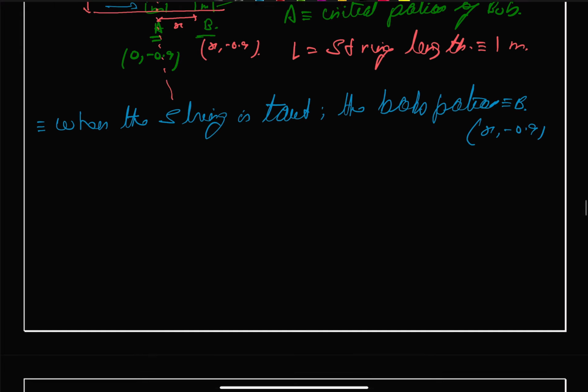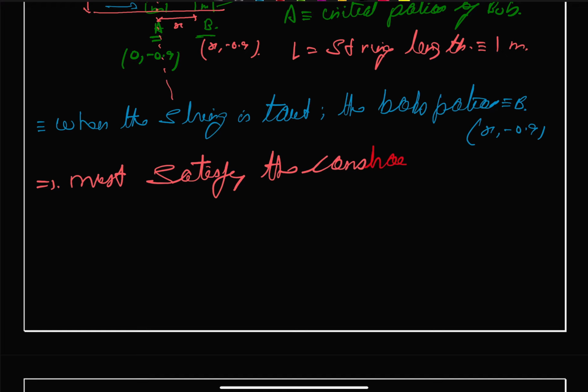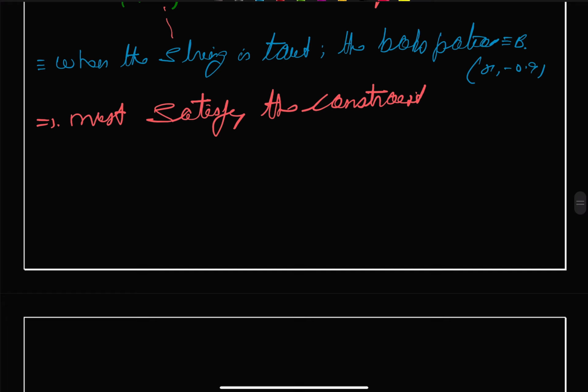This position must satisfy the constraint, and that constraint we can get using the Pythagoras theorem.